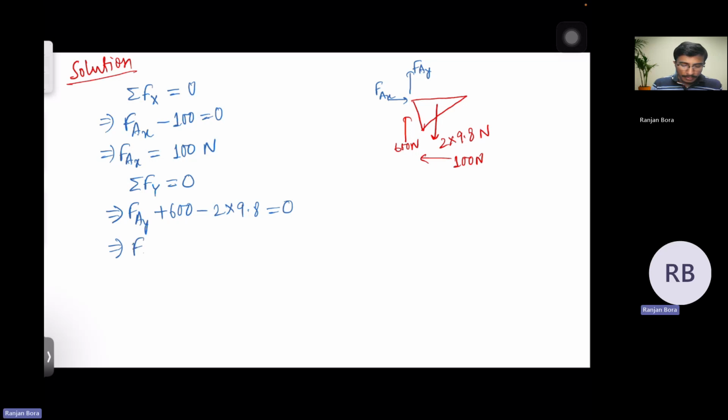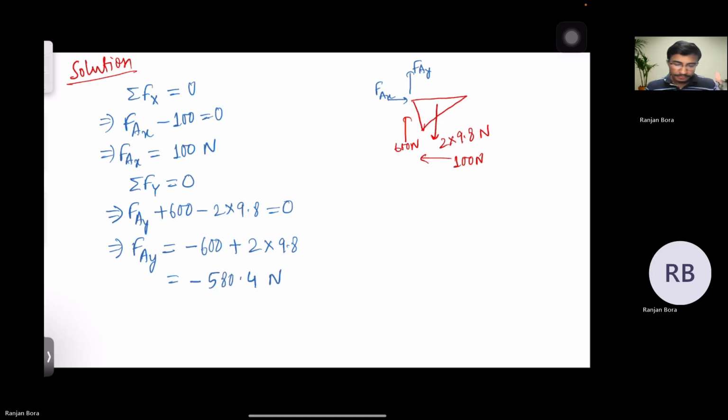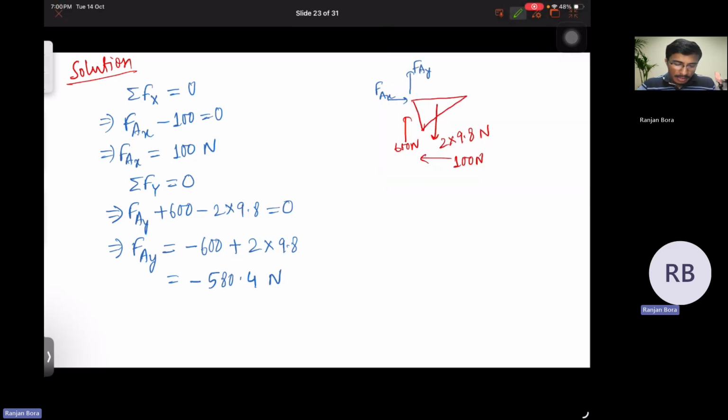From here, Fay will be equal to minus 600 plus 2 into 9.8, which will be minus 580.4 Newton. So the initial direction which we assumed for Fax is correct, but the direction for Fay will be in the reverse direction. So the actual direction of Fay will be downward.